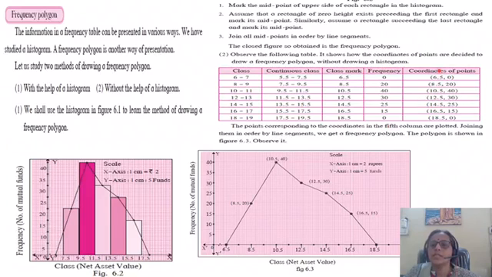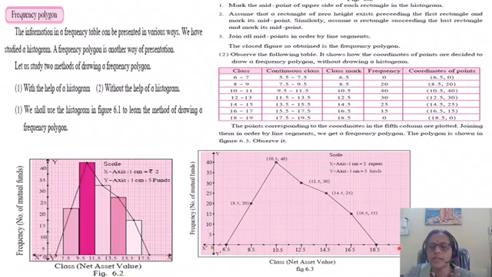Now the coordinates of the points, that is the points which you have to plot on the graph paper: 6.5, 0; 8.5, 20; x coordinate, y coordinate. X coordinate 10.5, y coordinate 40; 12.5, 30; 14.5, 25; 16.5, 15; 18.5, 0. Now plot these points on the graph paper.